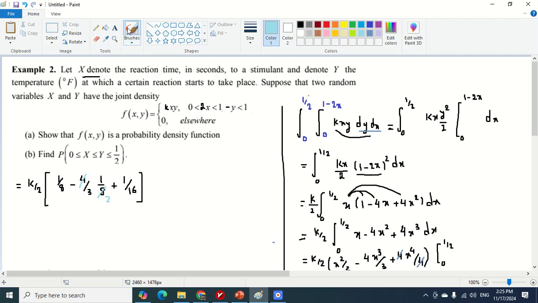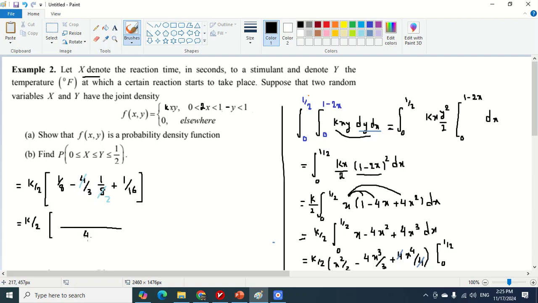So to find a common divisor between them, we can calculate it as follows. We have k over 2, and for the expression that we have, we should find a common denominator. We have 6, 8 and 16, so it will be 48.